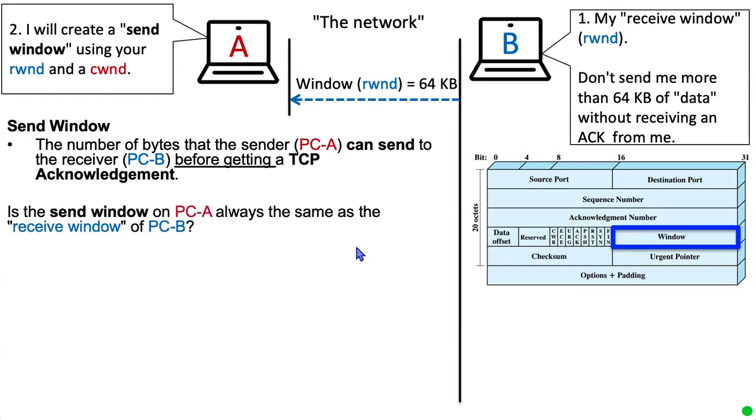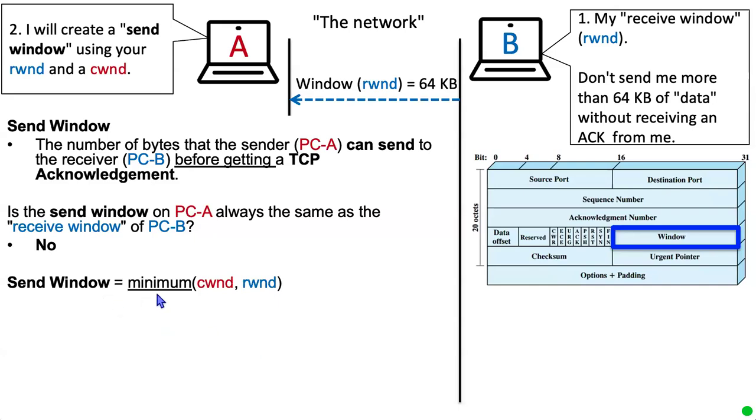Well, we're close. Is the send window on PCA always the same as this receive window? Is it going to be 64,000 bytes? The answer is no. We're going to show a little example in a moment, and a lot more later.